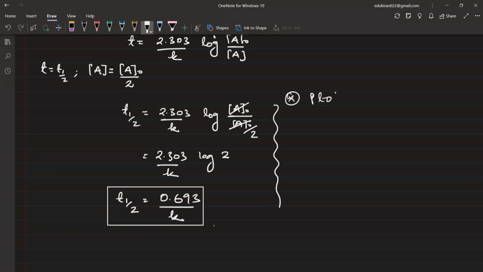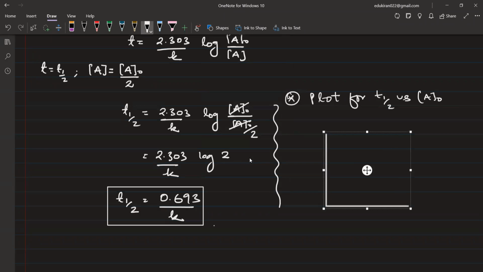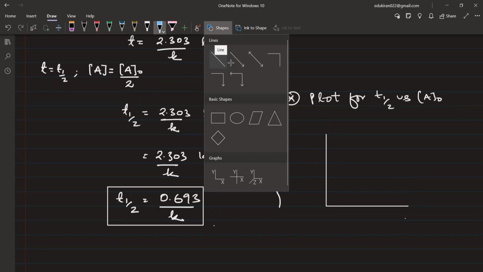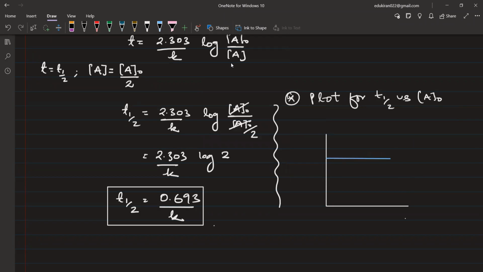Plot for T half versus A naught. This is for first order reaction. So this will be something like this. We have T half here, and in the x-axis we have A naught.